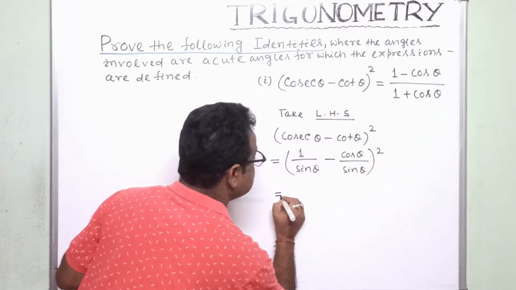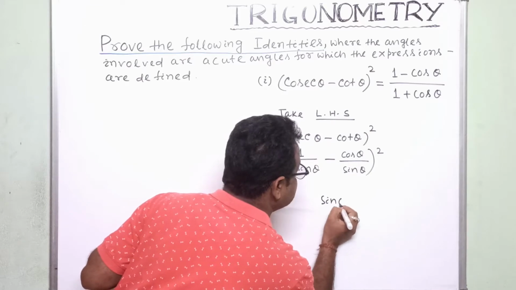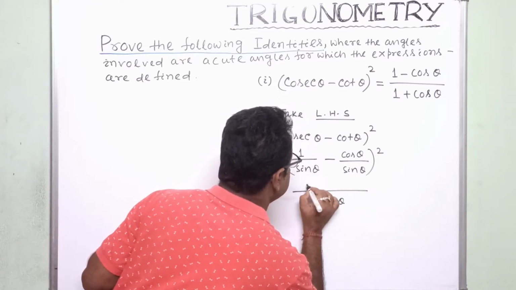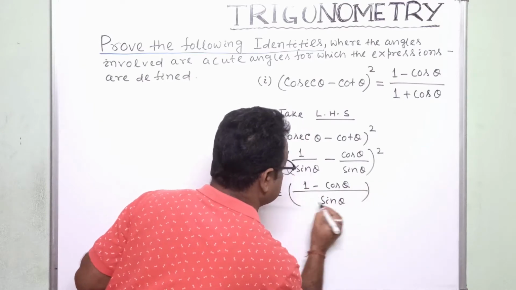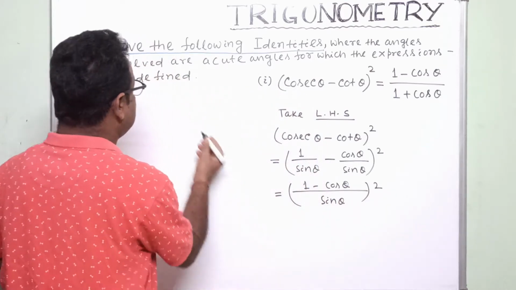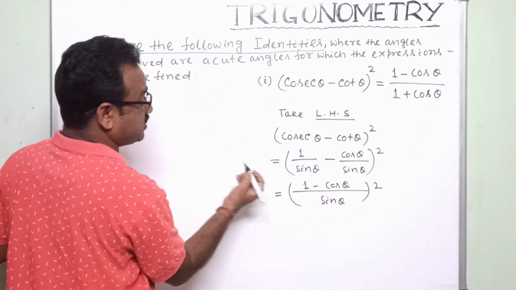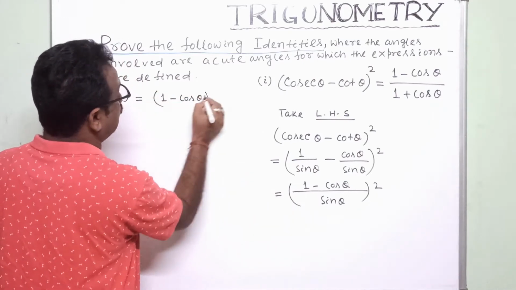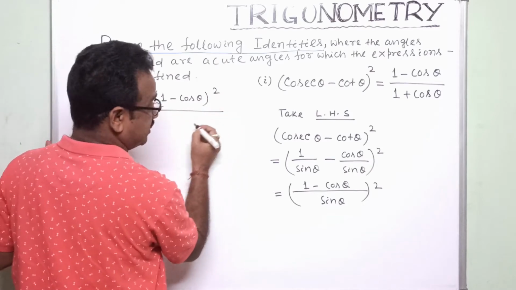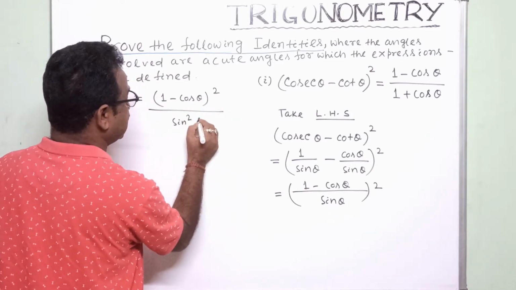So that is equal to, taking LCM, (1 minus cos theta) whole square by sin square theta.